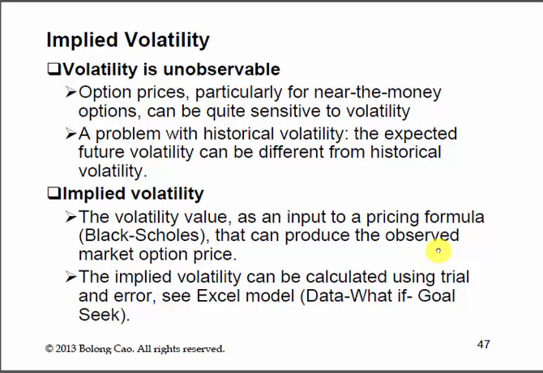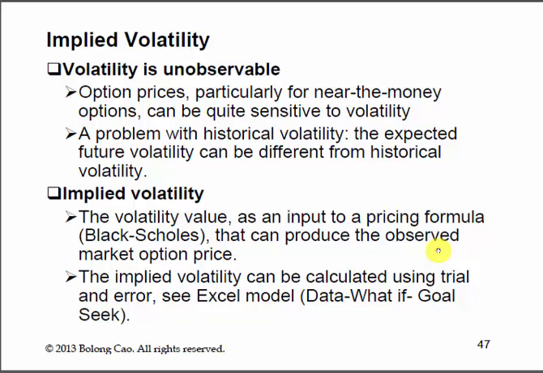All right, one last topic in this lecture is the implied volatility. We know when we are using the Black-Scholes formula, we need to estimate that volatility and put it into the option pricing formula so that we can calculate the option premium.